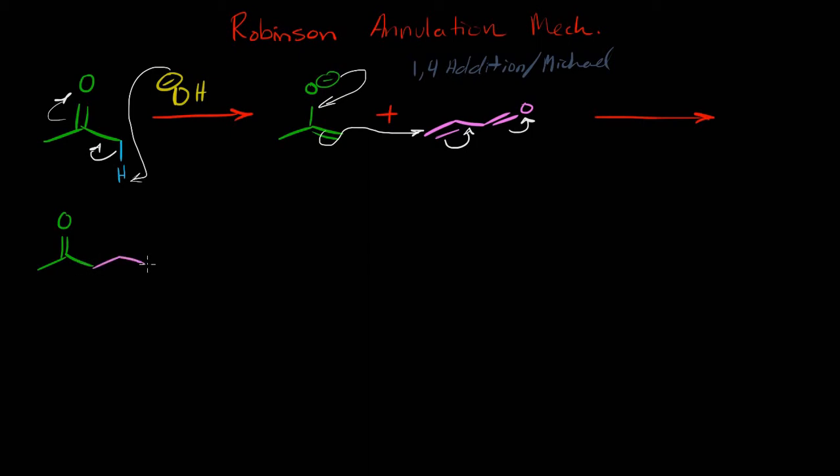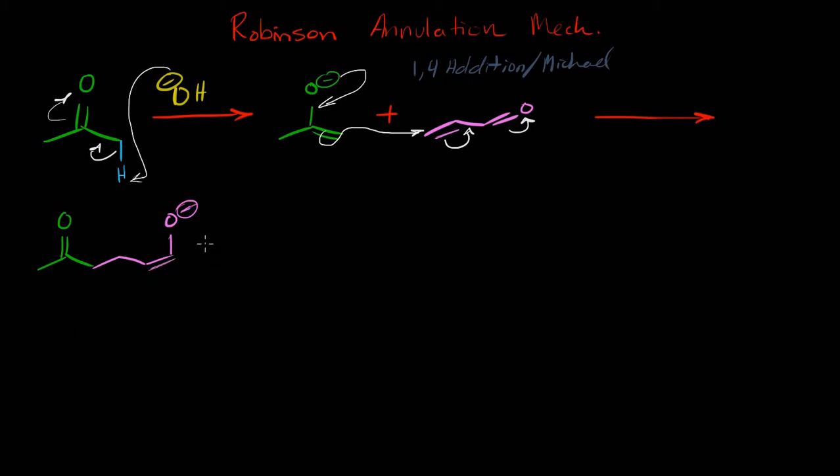So there's 1, 2, and there's the third. Now on that third, we have that O minus that was formed via the Michael addition. And we also have that double bond, which is now right here.